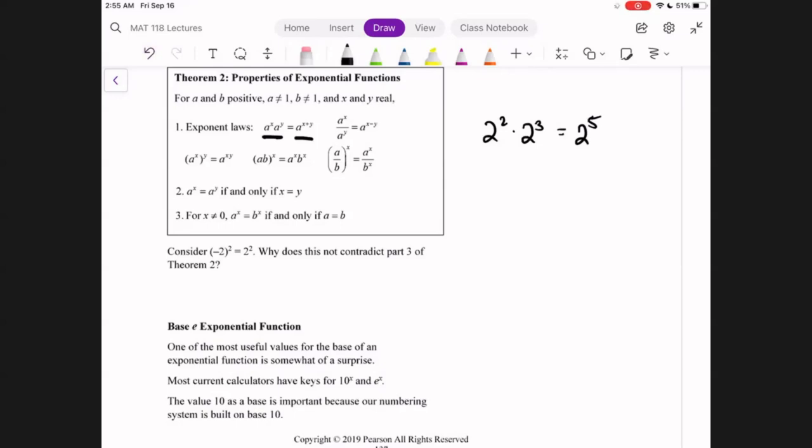And then when you divide, they subtract. The one on the top minus the one on the bottom. And then you have a power to a power, they multiply. So if you had 2 to the second to the fifth, this would be 2 to the 10th.